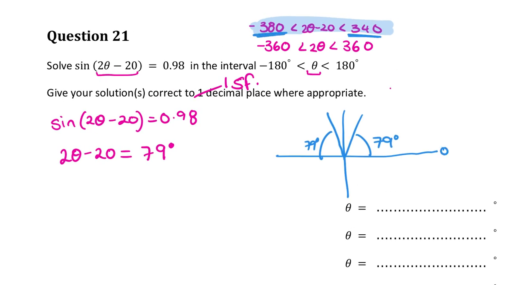First of all, I'm going to start at 0 and I'm going to go to 360. I'm going to do the positives first. So I know I'm going to get 79 is our first one, and I'm going to get 180 minus 79, go round, and this is it for the positives.